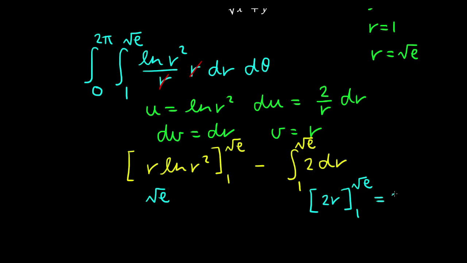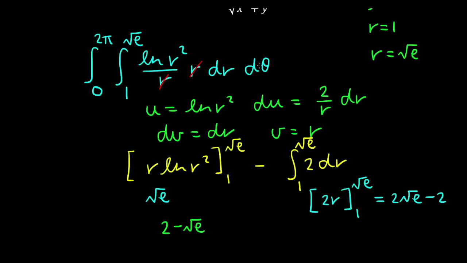So that gives 2 root e minus 2. So what we get is root e minus 2 root e, which is minus root e, plus 2, or 2 minus root e.